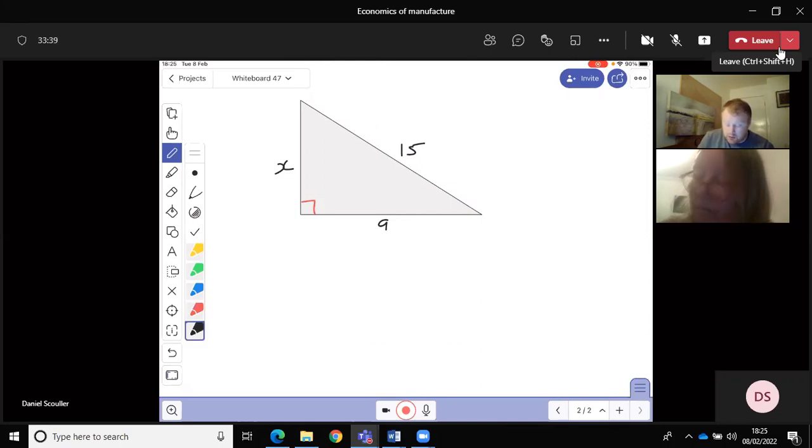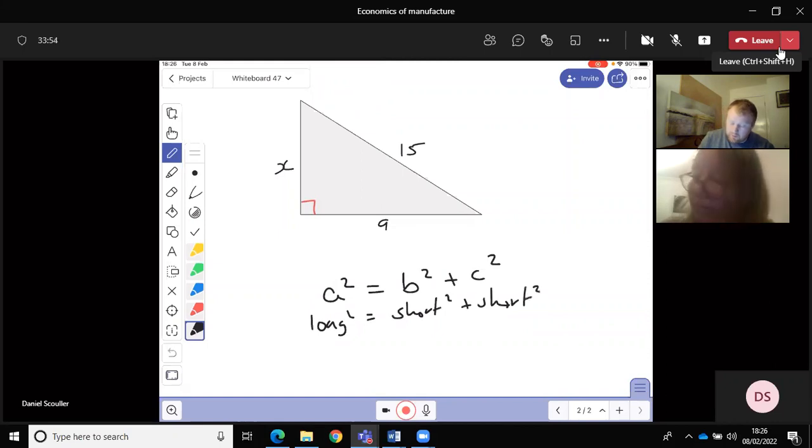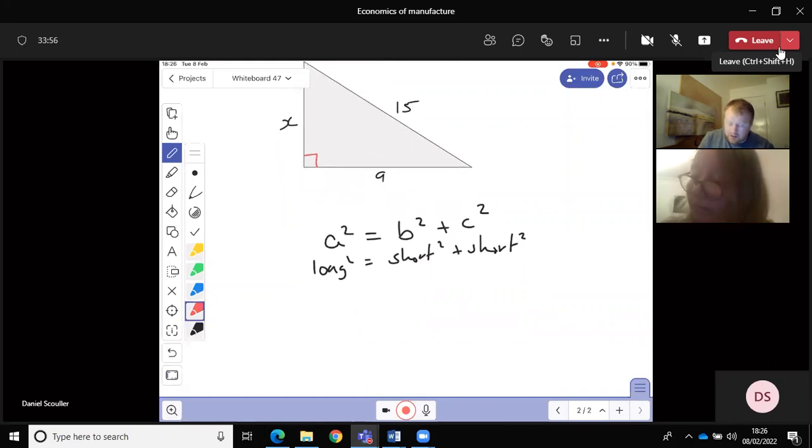So it's still the hypotenuse, so it still follows a squared, which is the hypotenuse, equals b squared plus c squared. So long squared equals short squared plus short squared. This time we're just missing a short side.